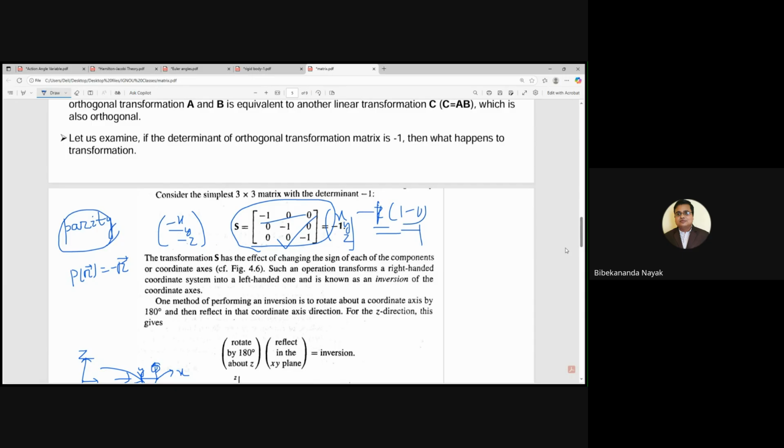Nuclear physics, the strong force, comes under it. And mechanical forces are actually of electromagnetic origin. All forces in mechanics are of electromagnetic origin, so parity is conserved. So every equation we see in our book has conservation of parity.